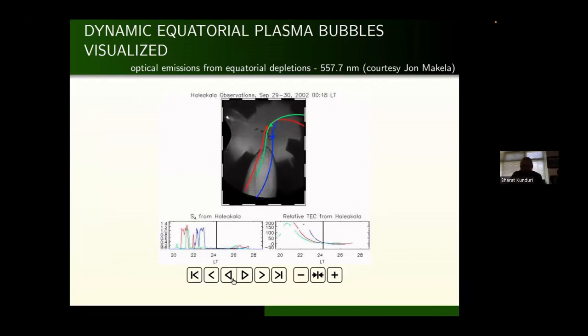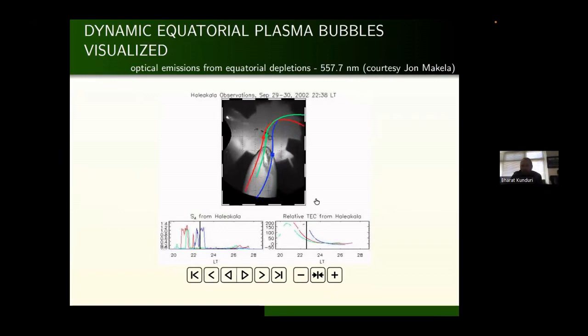The other interesting thing that is overlaid here are colored lines, which are orbits of the GPS satellites in the field of view. And if I stop around here, this blue satellite signified by the symbol, the GPS signal is passing through this disturbed region, this equatorial plasma bubble.